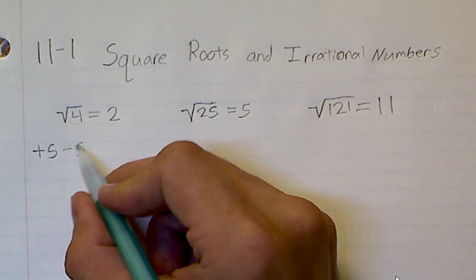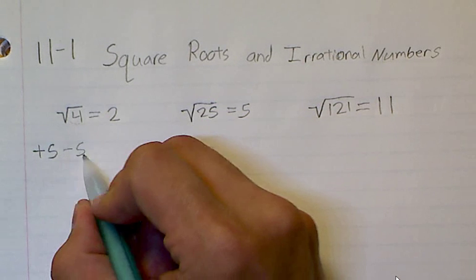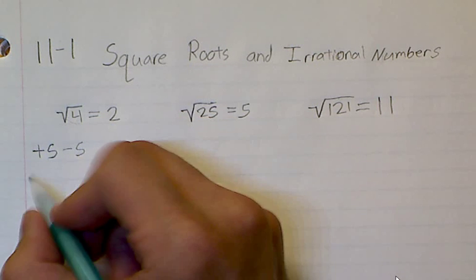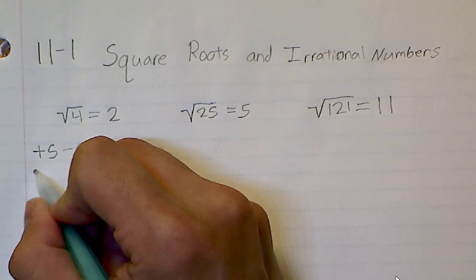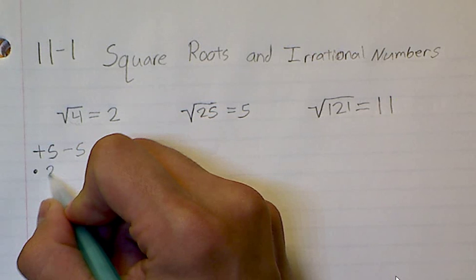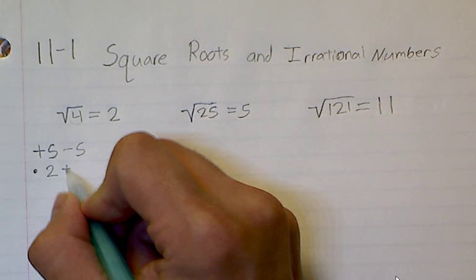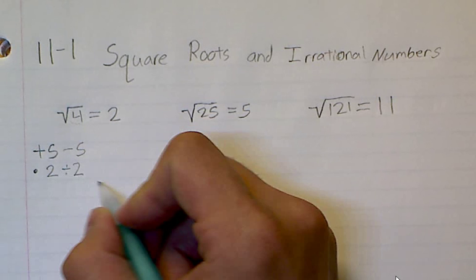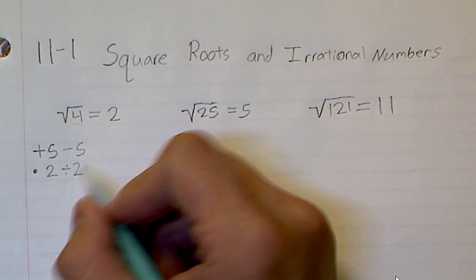We've been over this, class. These two actions cancel each other out. The same thing if I multiply something by 2 and then divide by 2. Those two actions would cancel each other out.